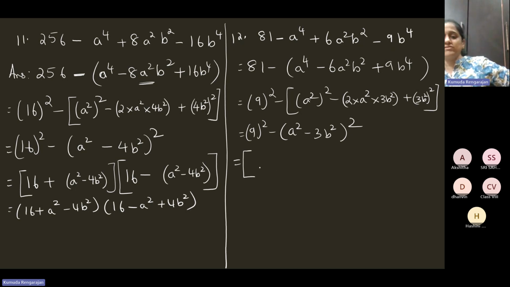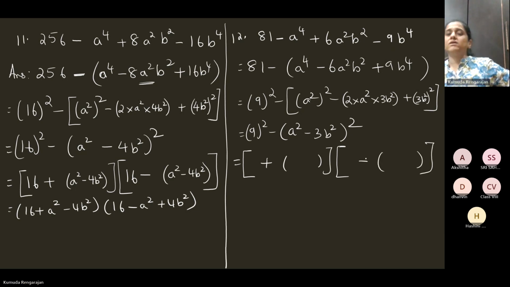Let's reserve spaces: a plus b into a minus b. Now fill in the spaces. 9 a square minus b square minus 3b square, then 9 a square minus 3b square.